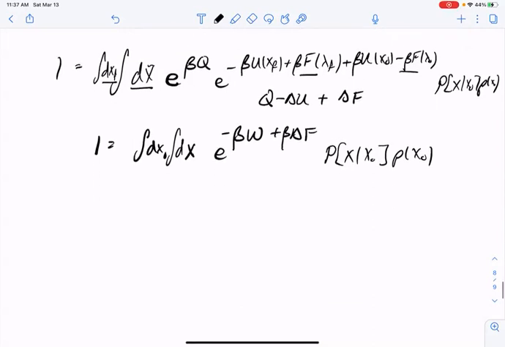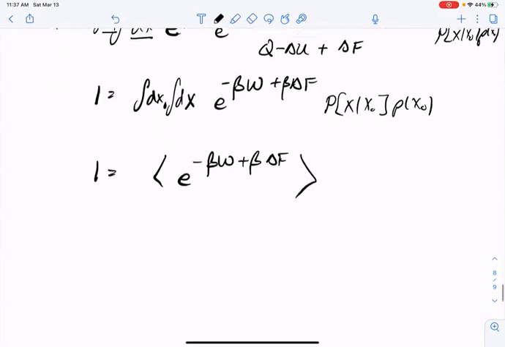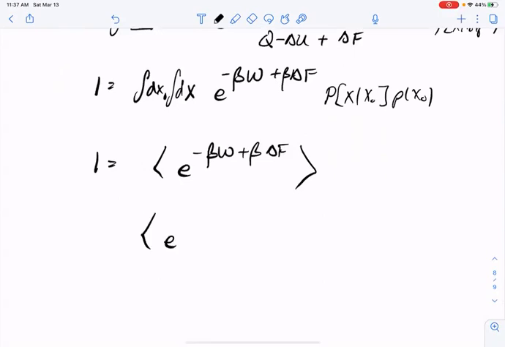That is then just an expectation value of e to the minus beta w plus beta delta f. Rearranging that, e to the minus beta w is equal to e to the minus beta delta f. And that is very surprising.